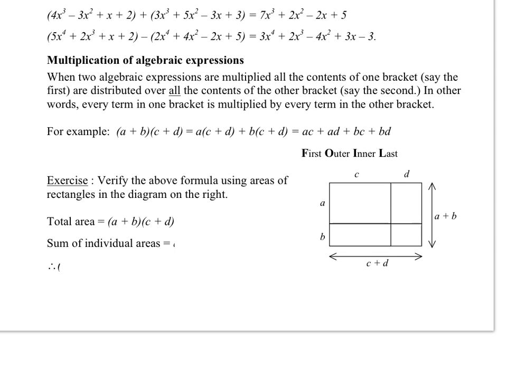But it would also be possible to take the individual areas of these 4 parts, that's AC, AD, BC, and BD, and just add those things together. So another way of thinking about it is that it's AC plus AD plus BC plus BD. And that's another way of knowing that this expression is true.